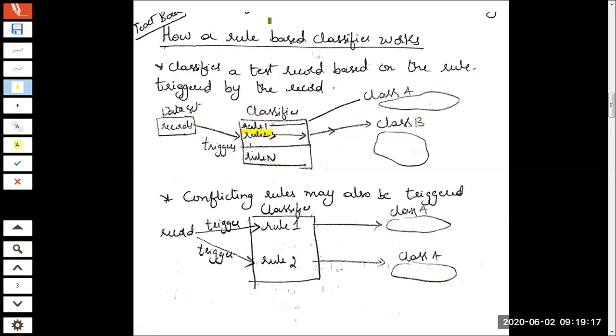Okay. So I was talking about building a classifier by framing rules. As you can see on the screen, this is a classifier which has rules, rule 1, rule 2, up to rule n. How do you arrive at these rules, how do you build these rules? These rules were built based on the previous data set, historical data that was already existing related to that application.